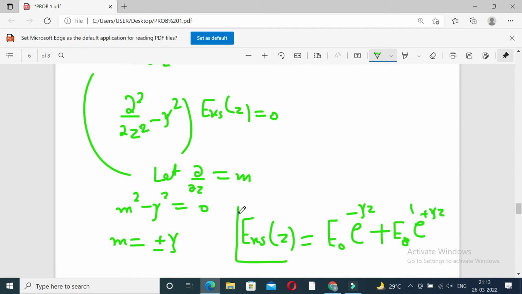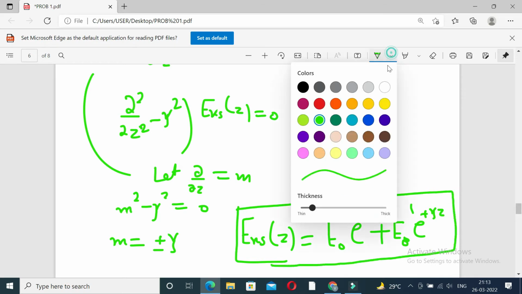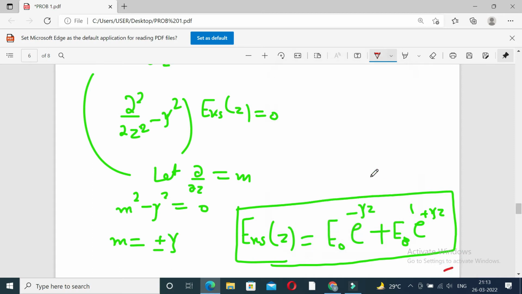So two components are there because it is applicable for positive direction or negative direction. This component shows the positive z direction component, and this shows the minus z direction component.